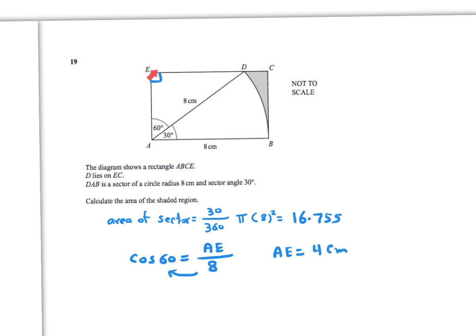Now after we find AE, we can find the area of triangle, and also we can find the area of rectangle. Area of triangle first. Area of triangle AED equals half into 4 into 8 sine 60.